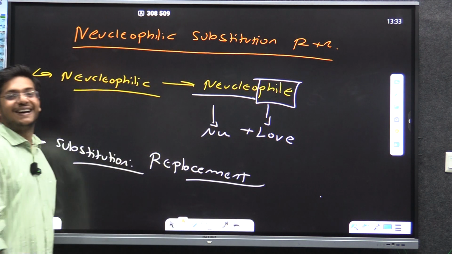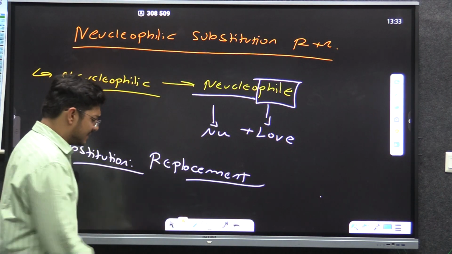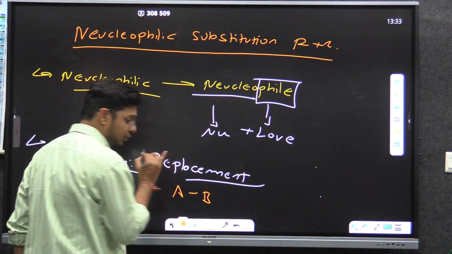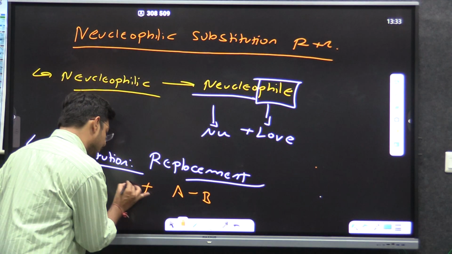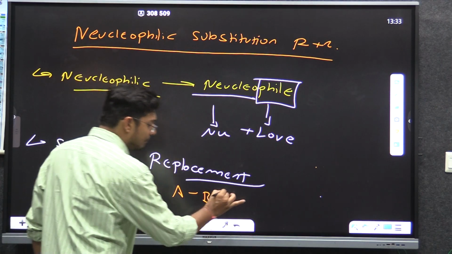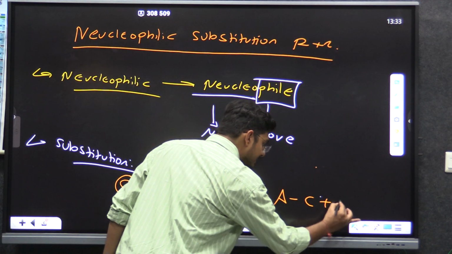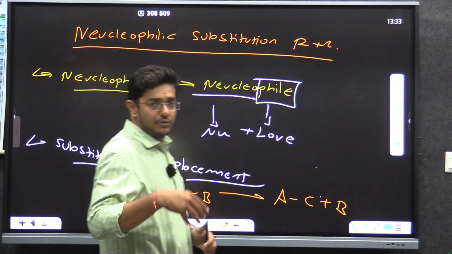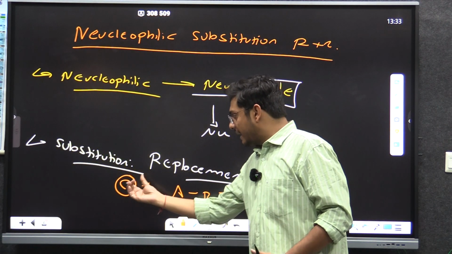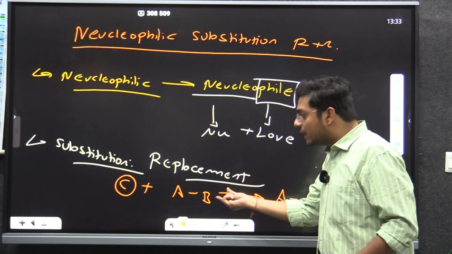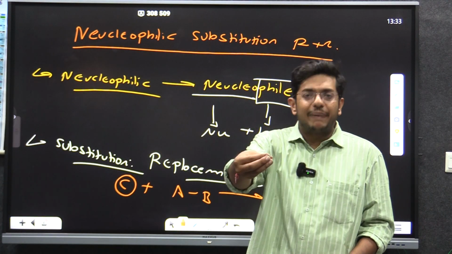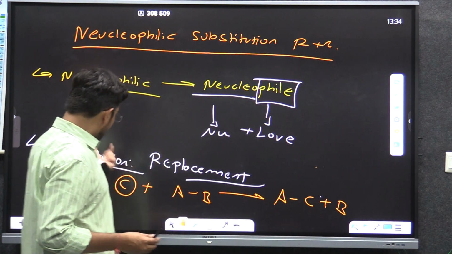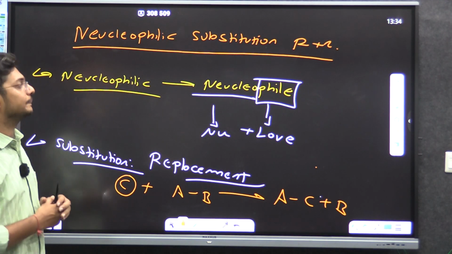Let's say A and B are two friends, and C wants to replace B. Here C has the power to replace B from its exact position. This is known as substitution.